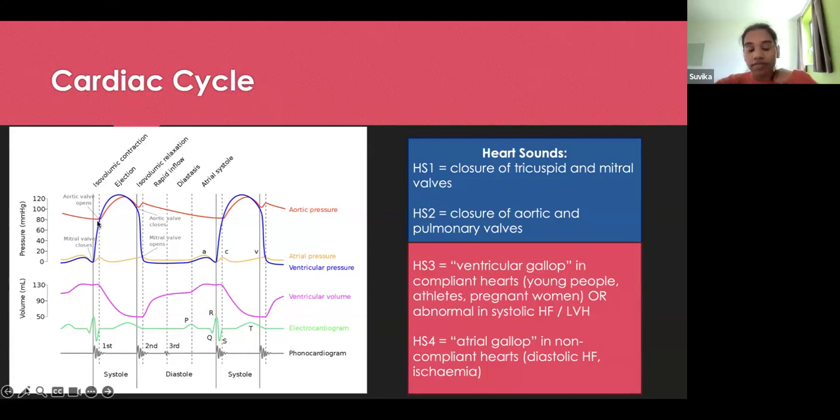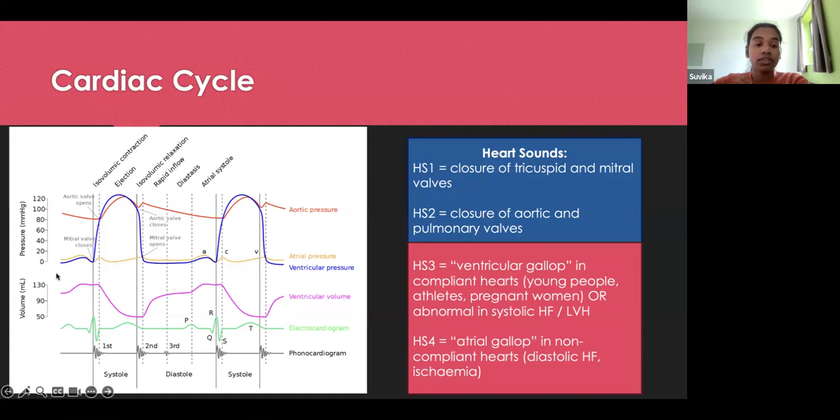So these different curves, first of all, look at the pressure, on the y-axis, in the different compartments of the heart. So you've got different chambers. You've got your atrial pressure, your ventricular pressure, but also the aortic pressure because that's where eventually all of the blood is going to supply the rest of the body.